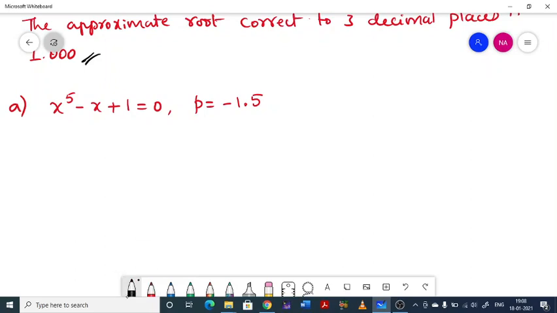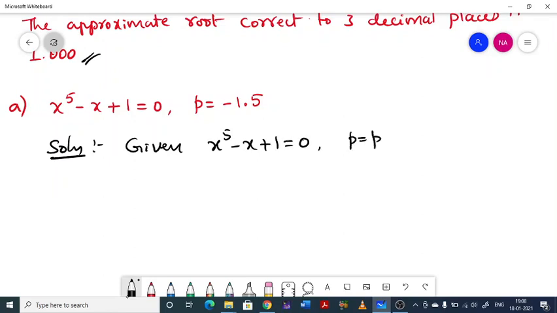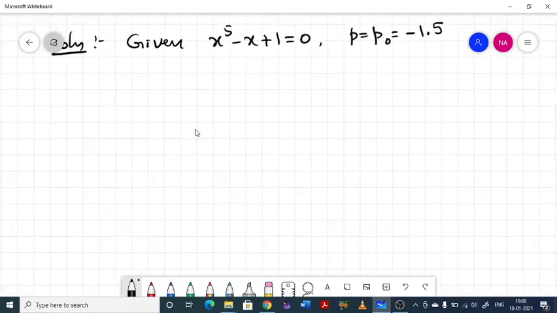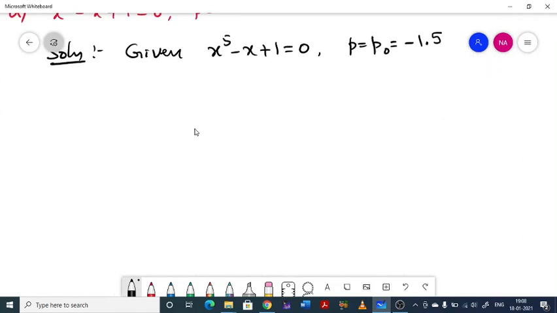Solution. So given x power 5 minus x plus 1 equal to 0, that is the given equation, and p naught equal to minus 1.5. Now we need to find the approximate root of this equation correct to 3 decimal places.